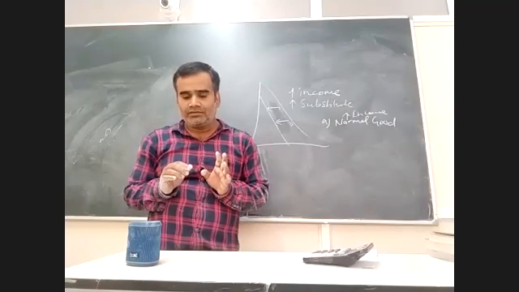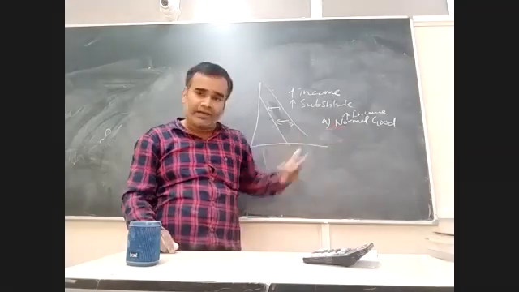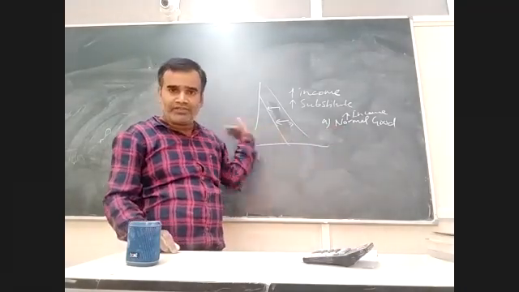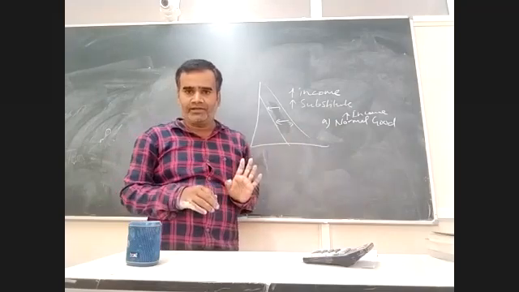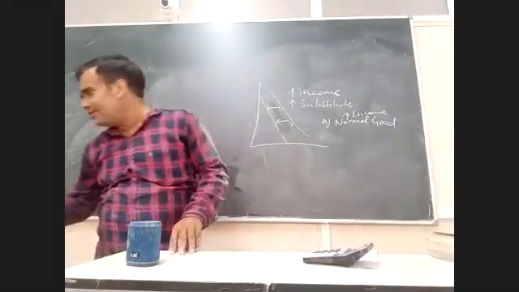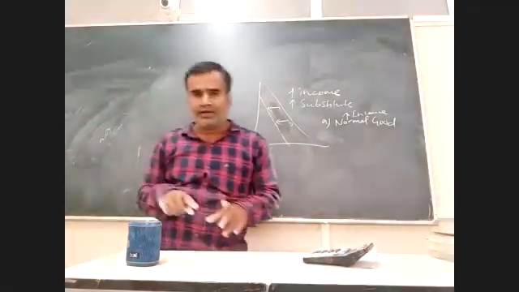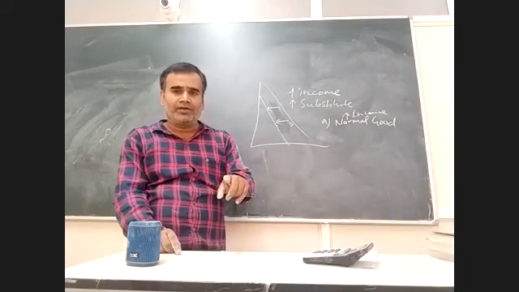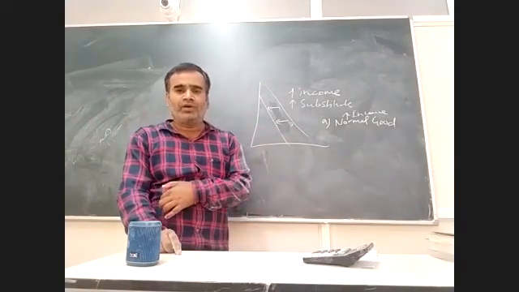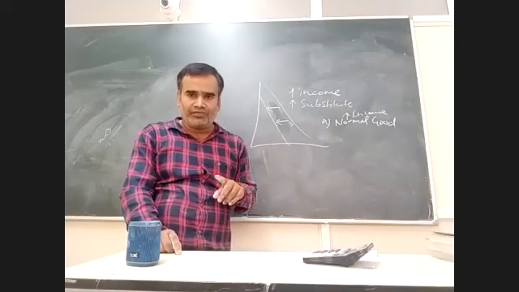Clear, sir. Because if income increases, demand for normal goods will increase, and the graph is showing left side, meaning decrease in demand. So option A is not correct. Next, falling price of complementary goods. If the price of tea goes down, then demand for sugar will increase.